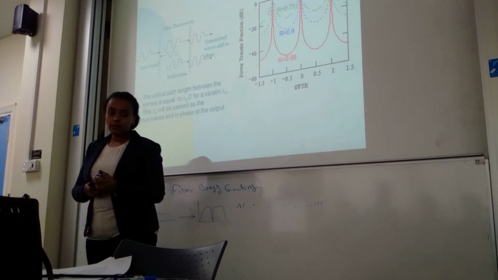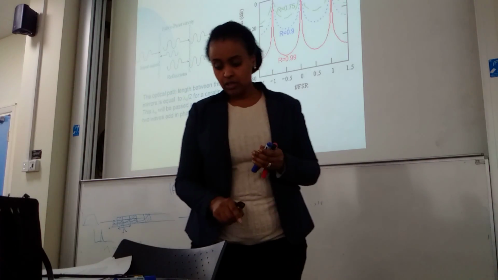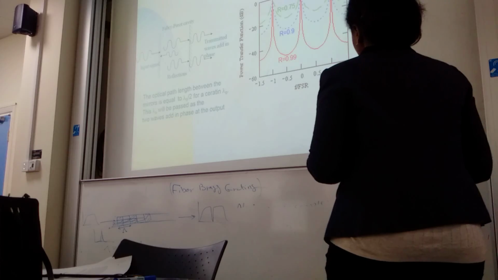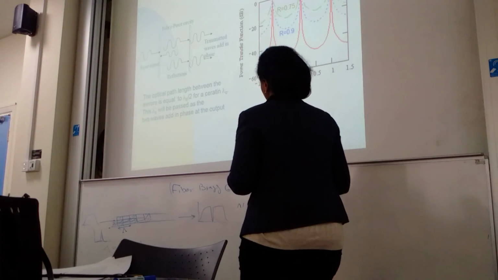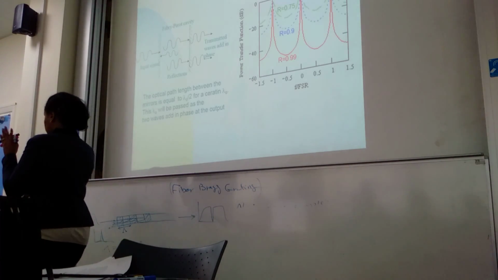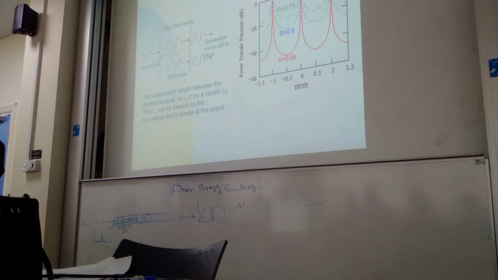One of the basic filters that we use is the Fabry-Perot filter. A Fabry-Perot filter is created by two mirrors of very high reflectivity. As you can see here, you will have the input signal incident into the left mirror here.